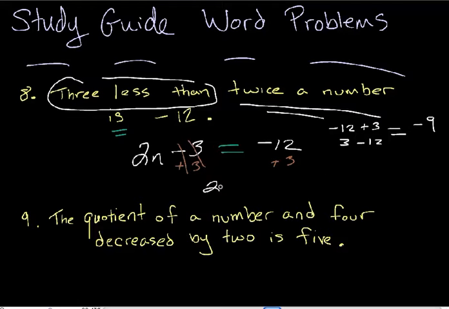So 2n is negative 9. And then I divide both sides by 2, and I get n, right? Actually, let me write this out completely. Divided by 2, divided by 2. These 2's cancel out, and I get n equals negative 9 over 2, or negative 4.5.